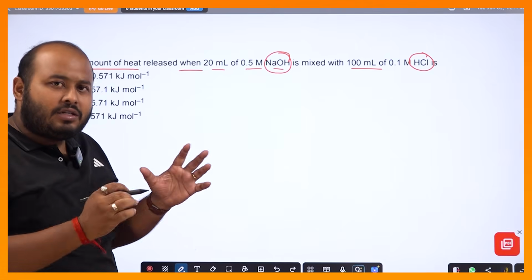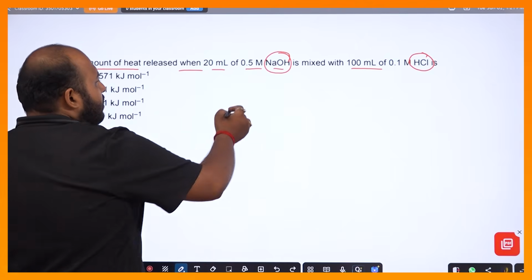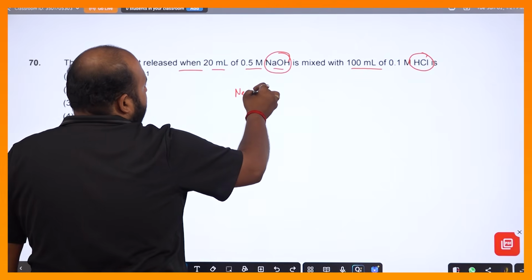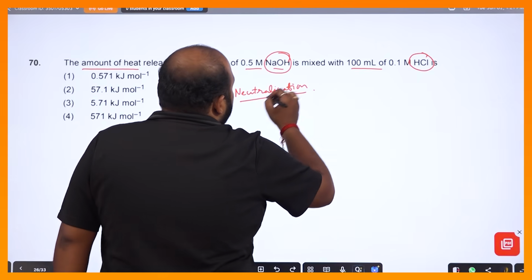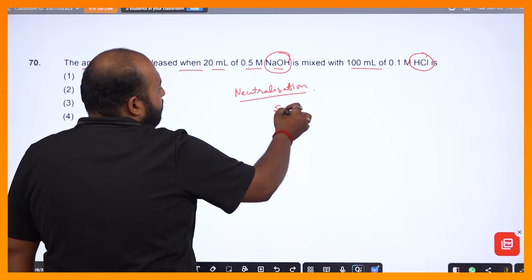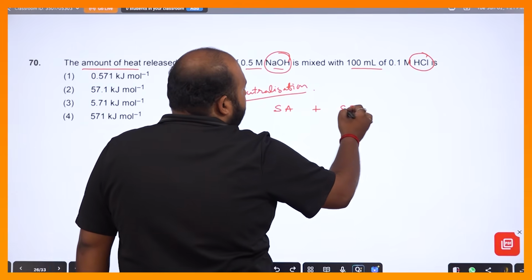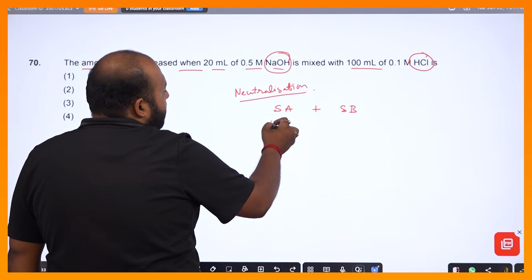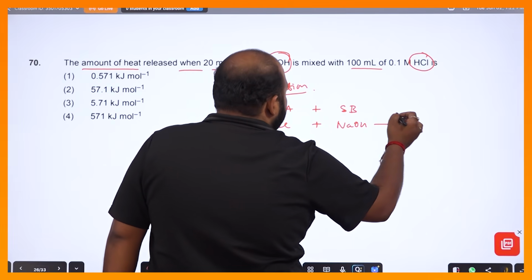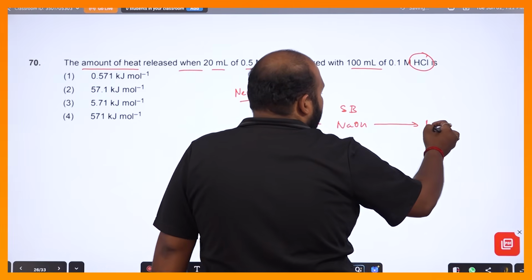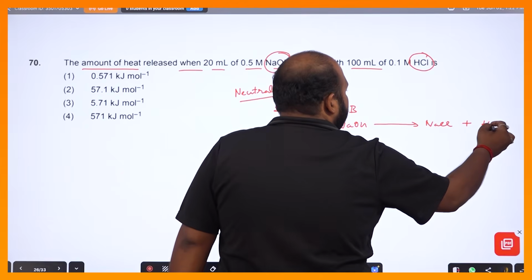It is a neutralization reaction, a case of strong acid plus strong base. The strong acid is HCl and the strong base is NaOH. So it will always form a salt and water.